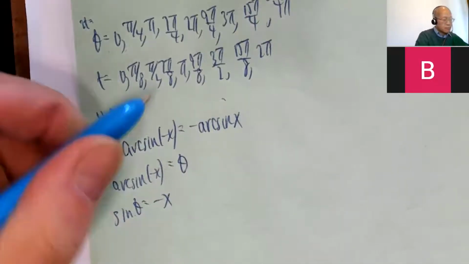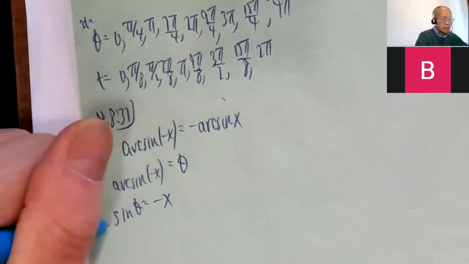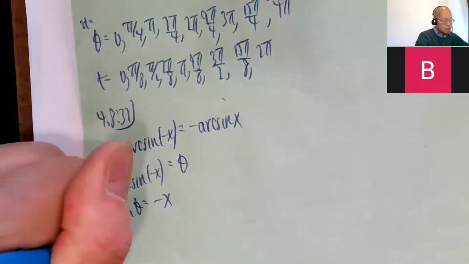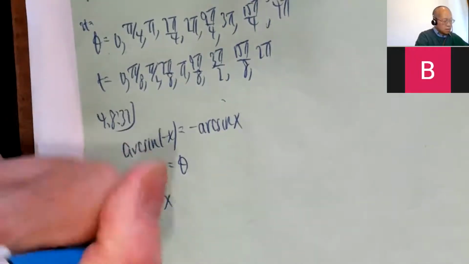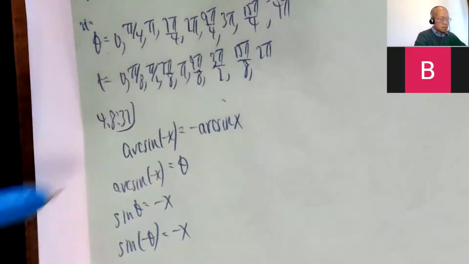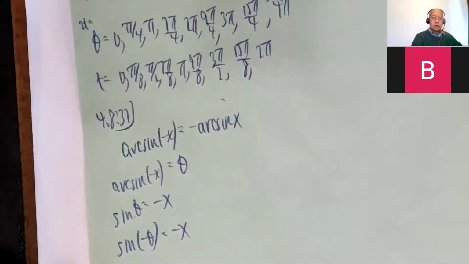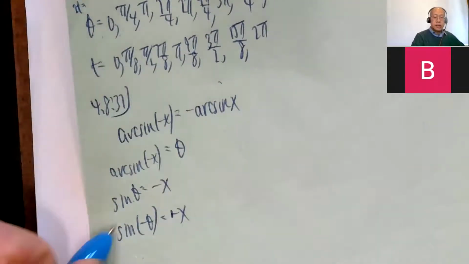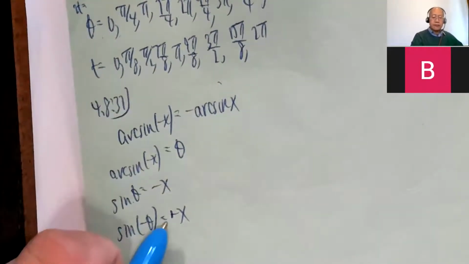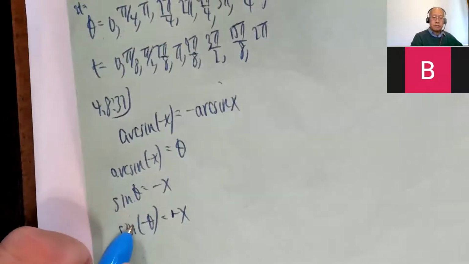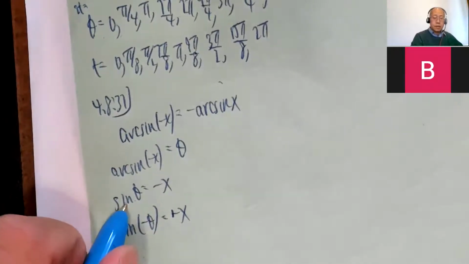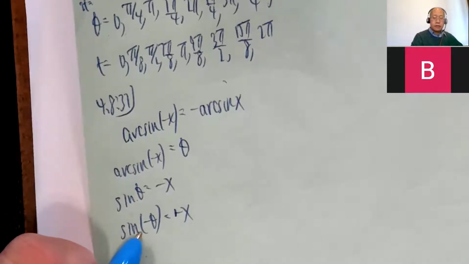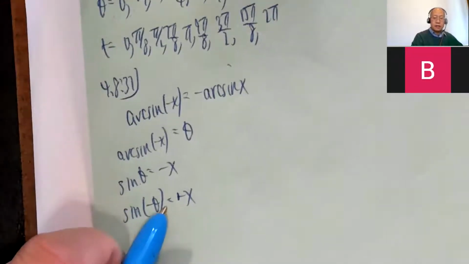There it is. Sorry, sine of negative theta is the opposite of this. That's a property of the sine, sine being an odd function.